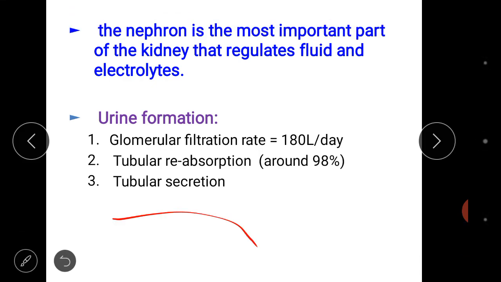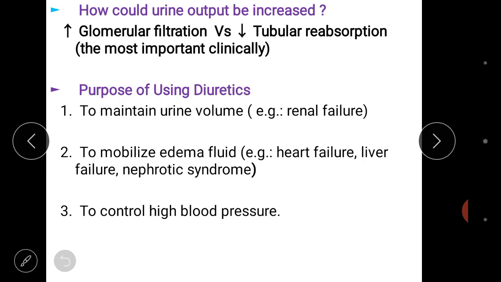Okay, increasing urine output means either increasing the glomerular filtration rate or decreasing tubular reabsorption. Why do we need these diuretics?